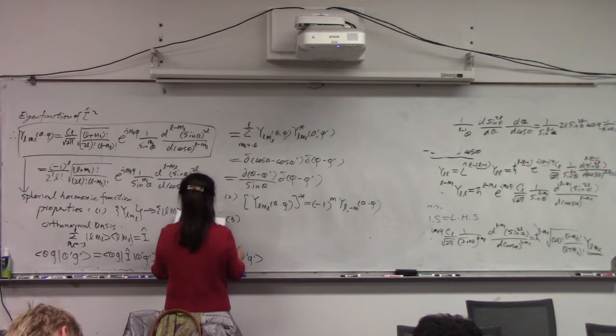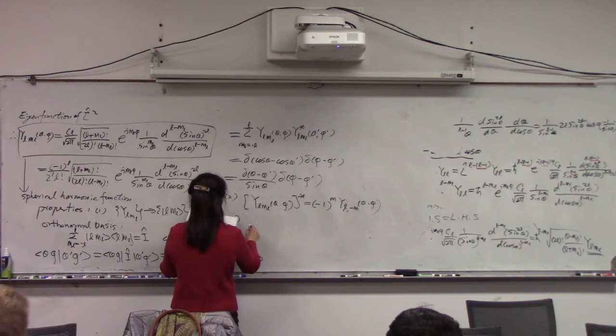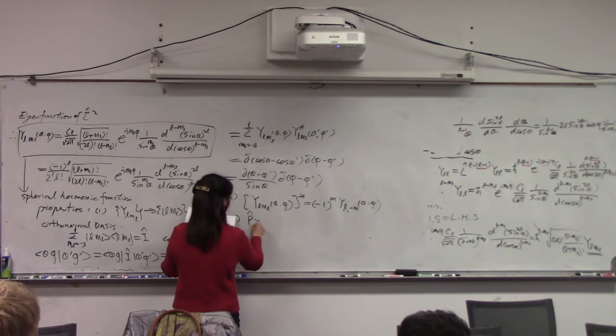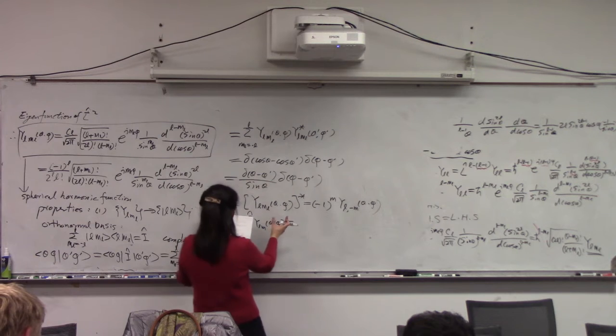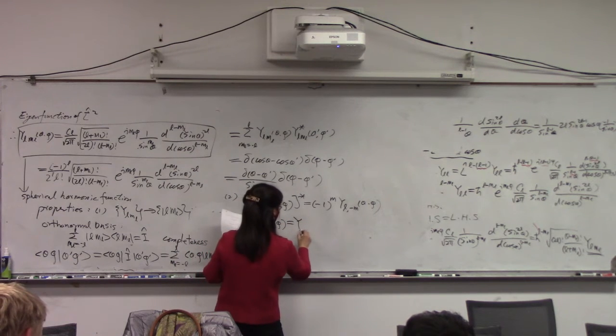Number 3, it is the parity. Okay, the parity, right? So that is Y_L M theta phi. We take this r and go to the inverse, which is equivalent to changing this r.